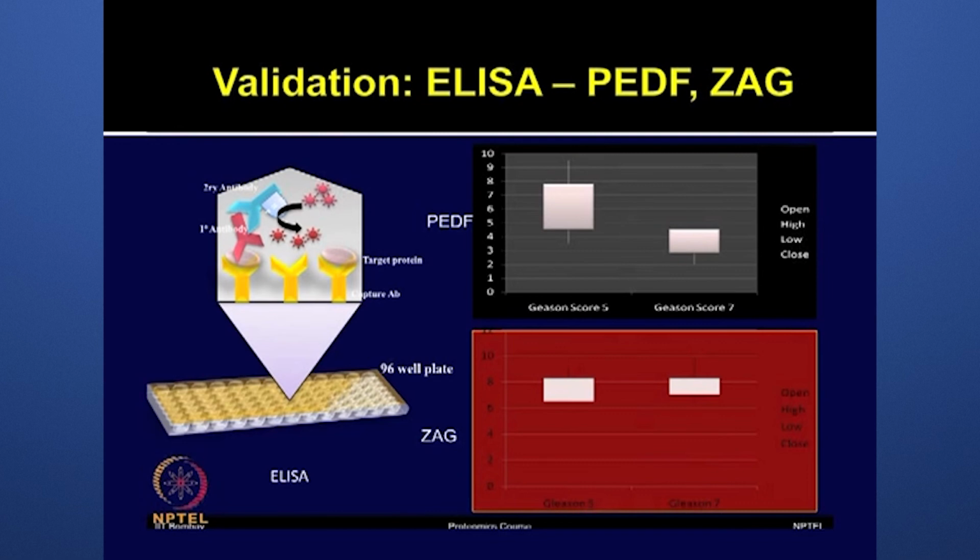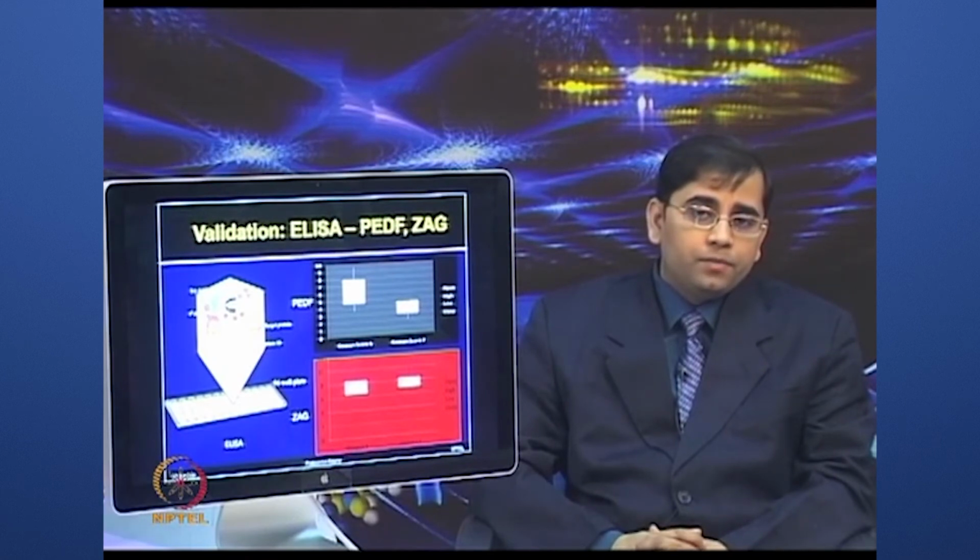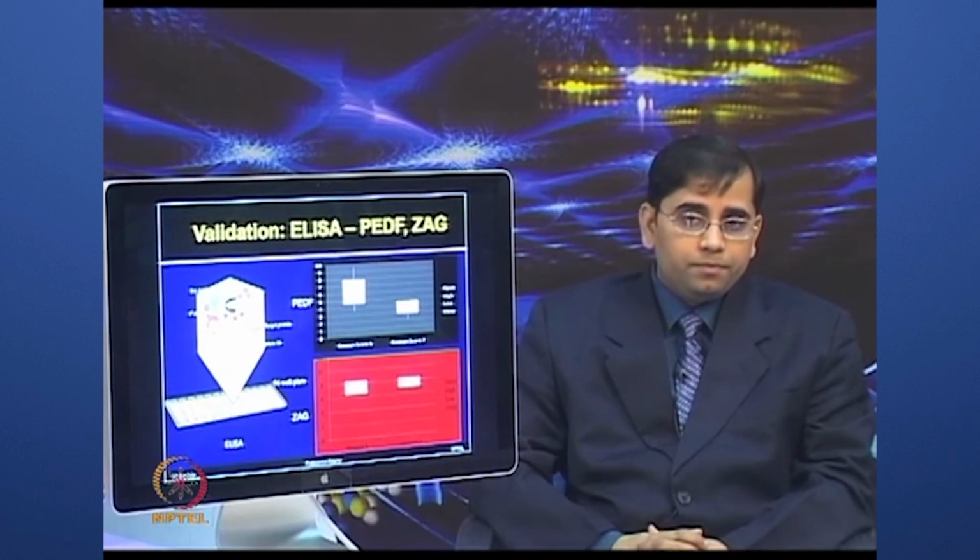So, the PEDF levels were quantified by using ELISA kit, and results demonstrated, as you can see in the slide, a statistically significant decrease in the PEDF in the Gleason score 7 depleted serum group, whereas the results for zinc alpha 2 glycoprotein ELISA analysis, which is shown in the red in the bottom panel, indicated a 1.4-fold increase in the zinc alpha 2 glycoprotein absorbance in the Gleason score 7 group.